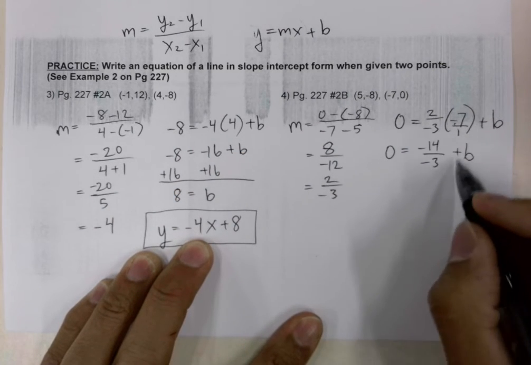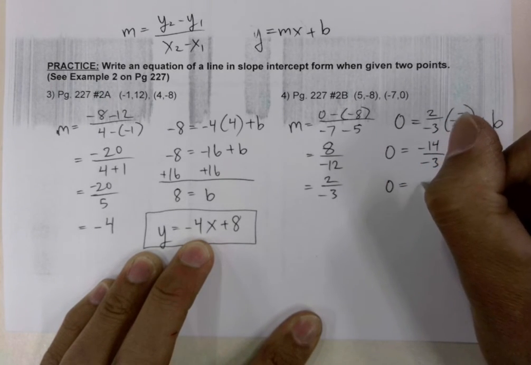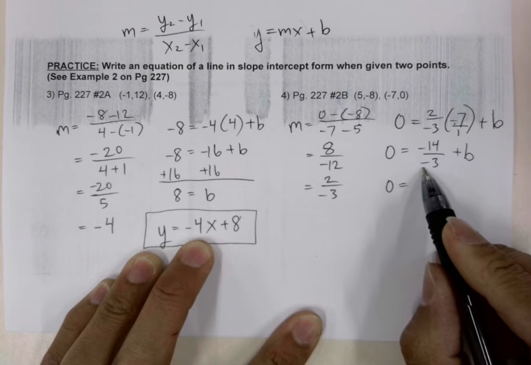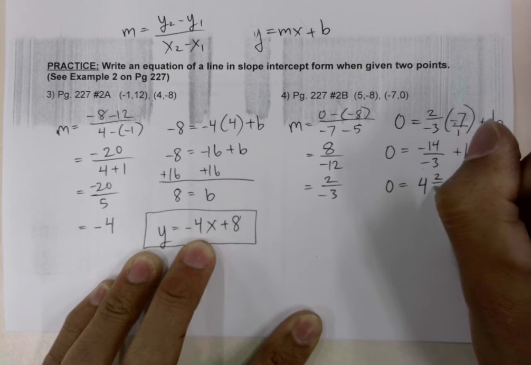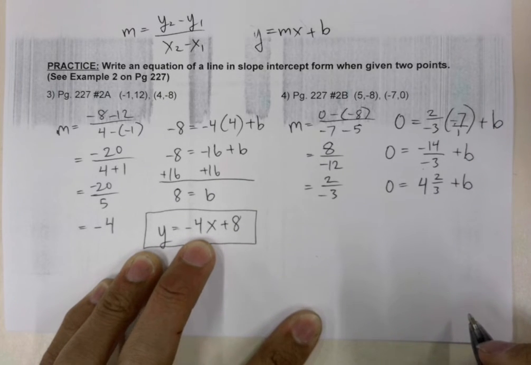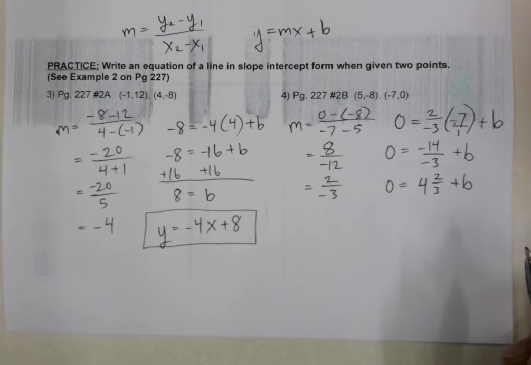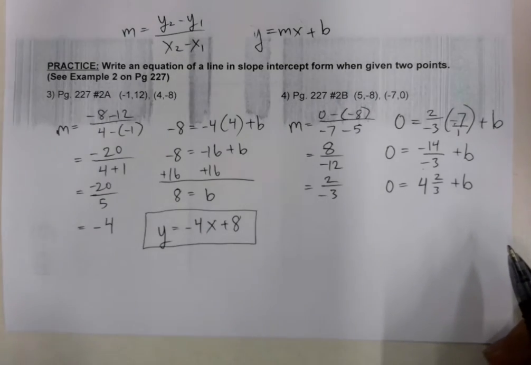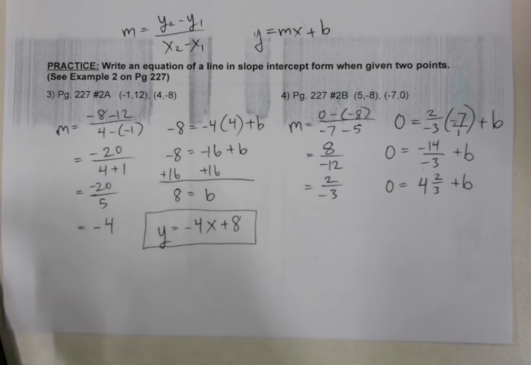Now let's go ahead and reduce this fraction. We'll say 0 is equal to positive, because we have a negative divided by a negative, is positive 4 2/3 plus b. Let's go ahead and reduce the 4 2/3 further. Put it in a calculator.